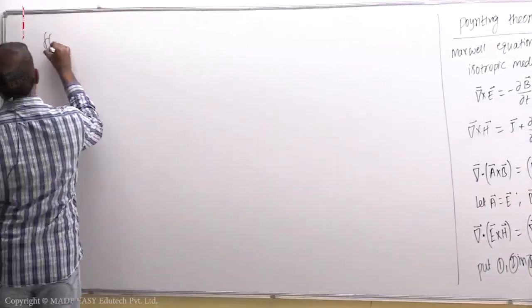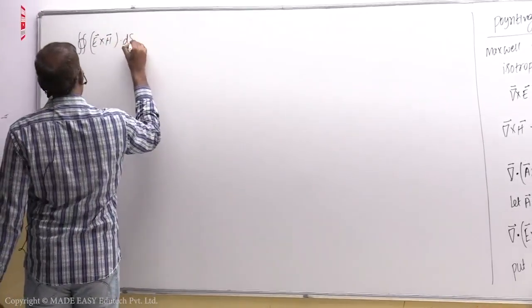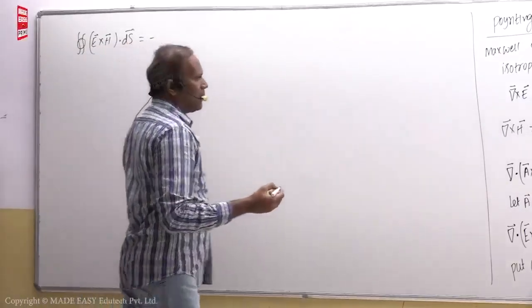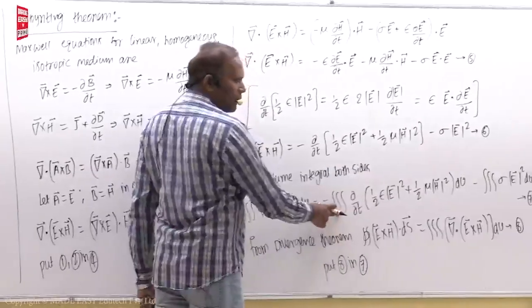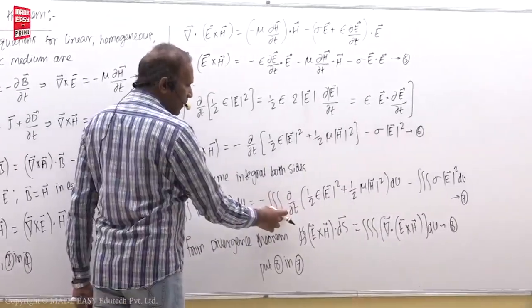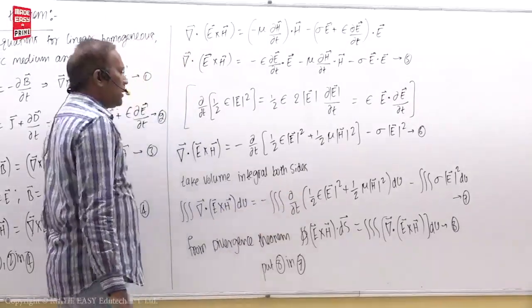E bar cross H bar dot ds bar is equal to minus of, dear students, you can see here this integration is with respect to distance xyz, but d by dt is with respect to time. Time and distance are independent, so d by dt can come outside now.